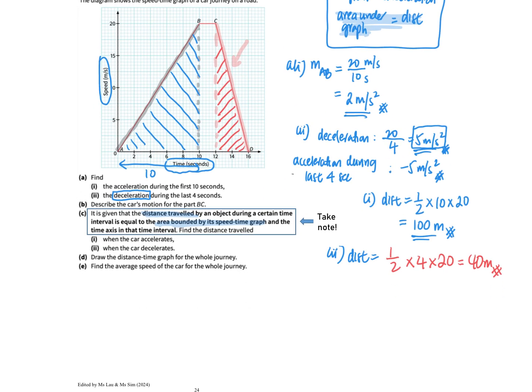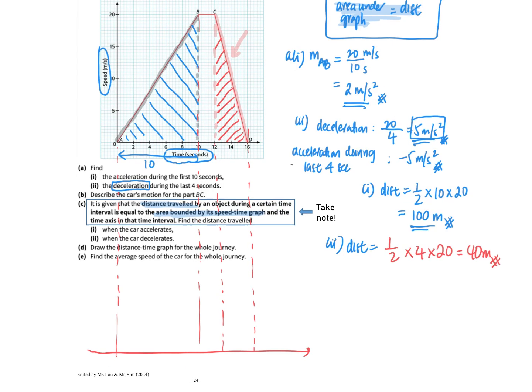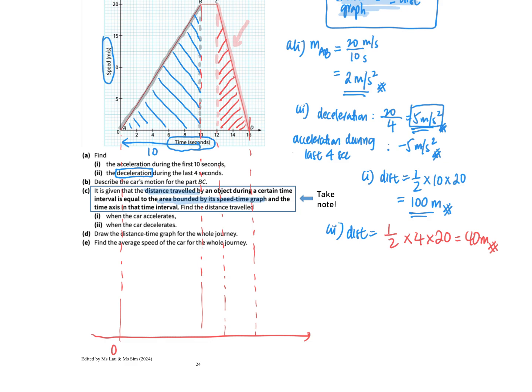Okay, so if they want you to draw the distance time graph for the whole journey, then let's just try to translate according to this section. I usually want to follow the exact same dimension that is given. So let's say this is 0, this is 10, 12, and then 15.